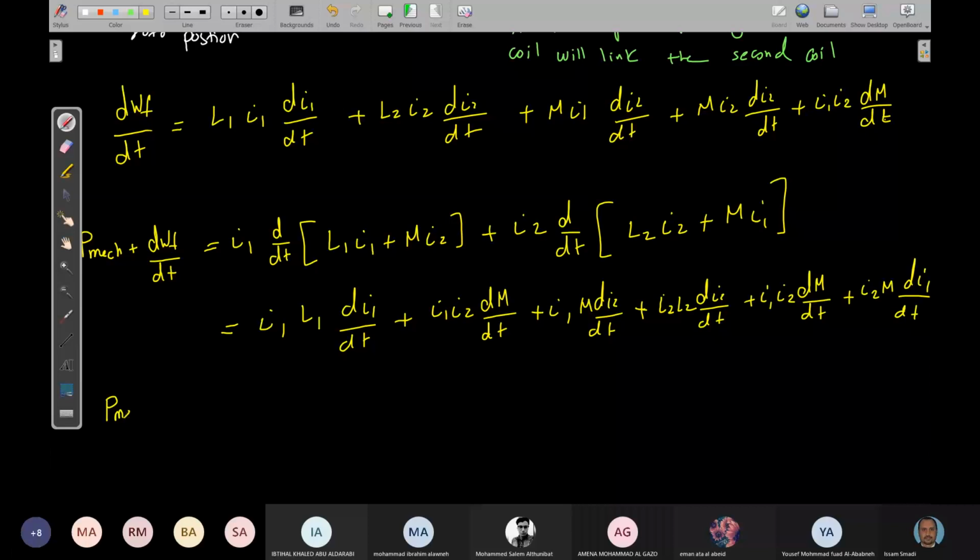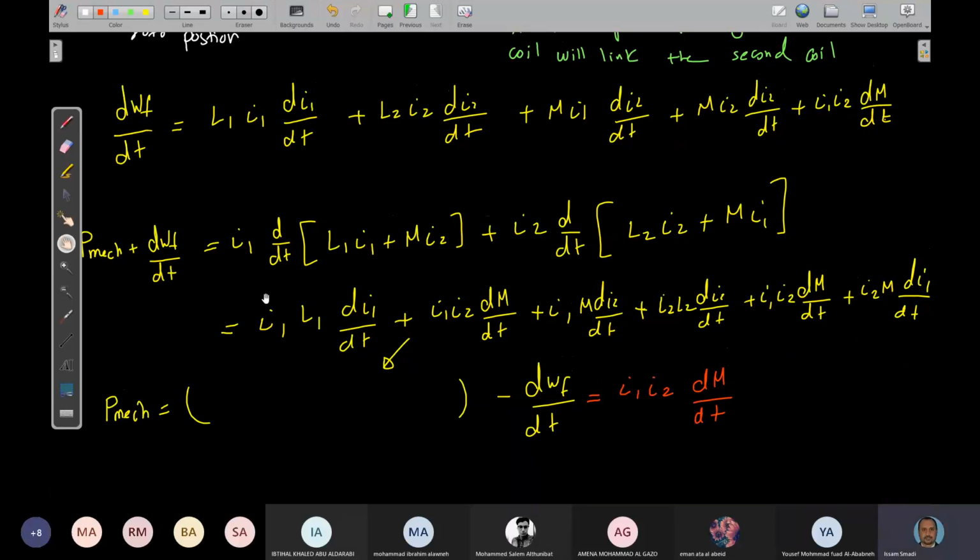P mechanical will equal this term minus d omega f by dt, and if we do the math collecting the terms, this will equal I1 I2 dM by dt.